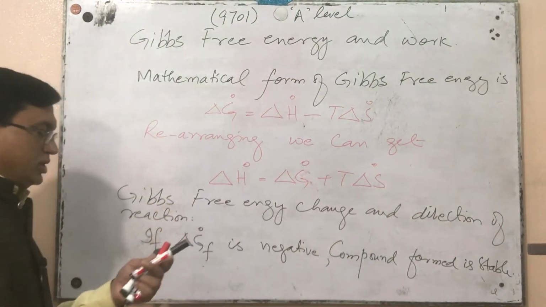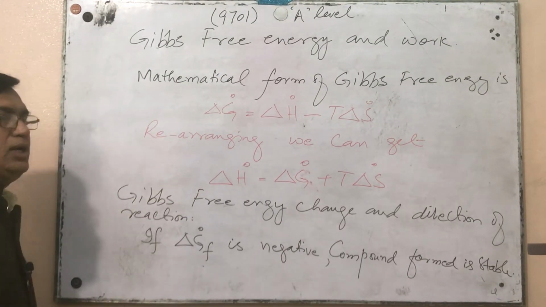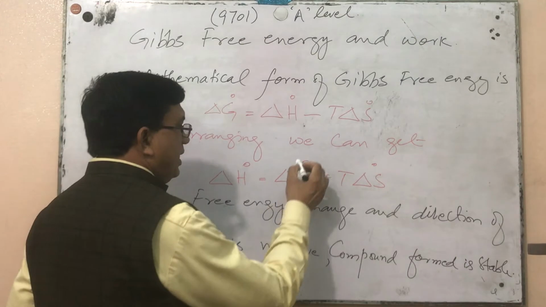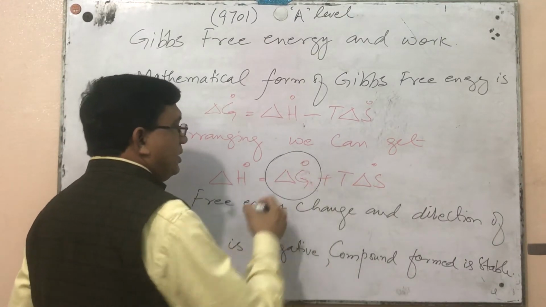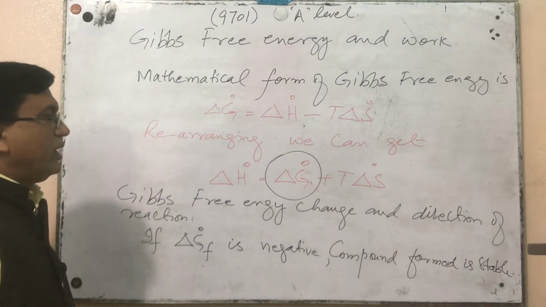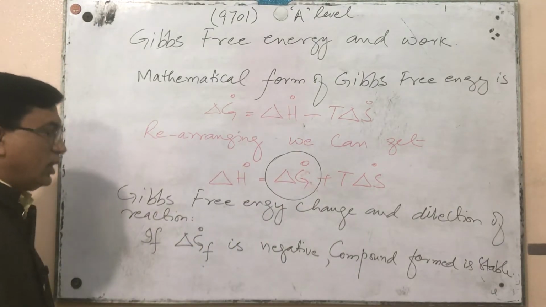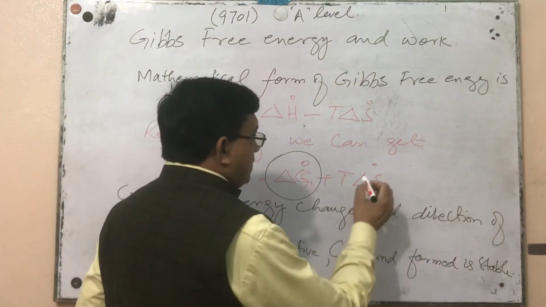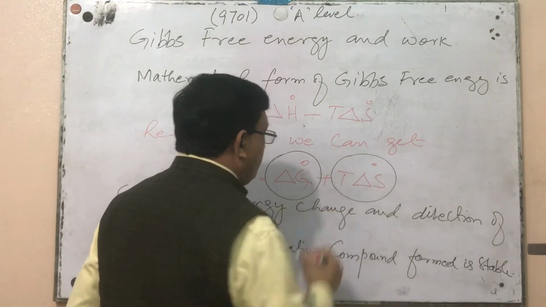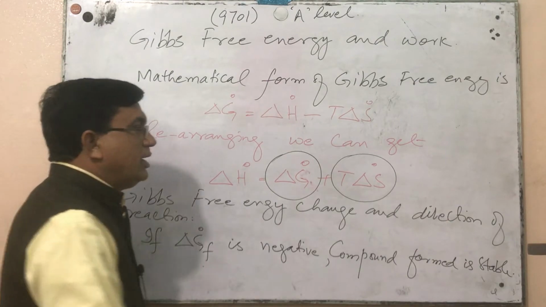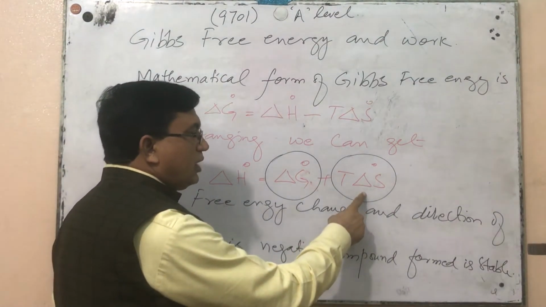Now this equation is split into two parts. One part is delta G naught. This much energy is available for work. But the other part, T delta S naught, will not be available for work.